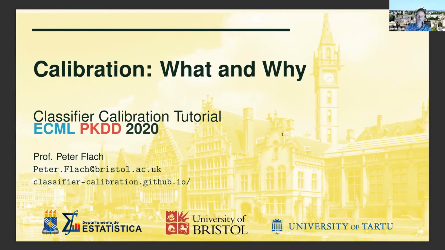But essentially, the difference is that in classification, let's say in binary classification, your target is a Bernoulli variable, and you want to quantify your uncertainty in that Bernoulli variable. So that's really what calibration is about. In the regression case, your target is a real number, and you want to quantify your uncertainty in that real number, for example, by modeling it as a normal distribution.